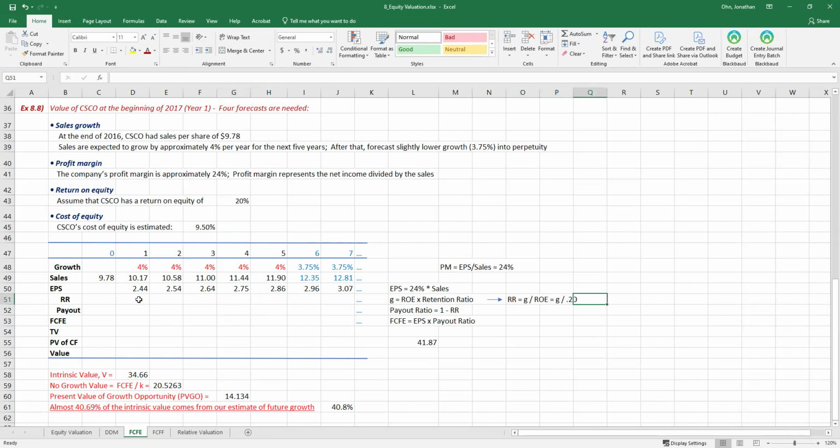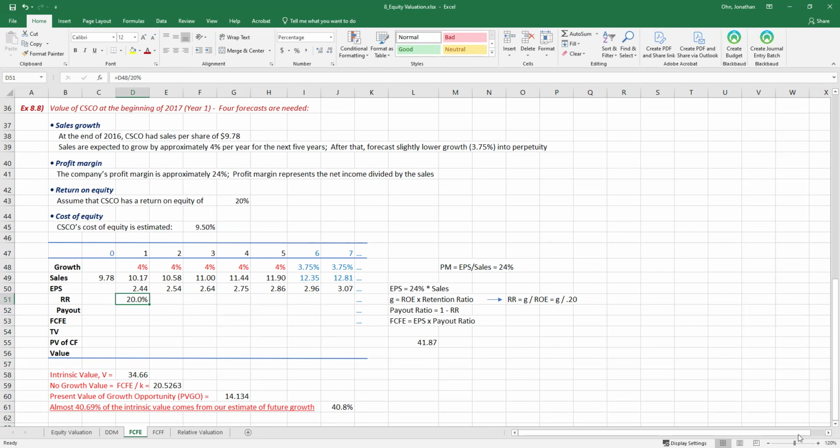So how do you calculate the retention ratio? Growth rate is 4%, divided by, what is the return on equity? Return on equity is here, 20%, right? That is the retention ratio.